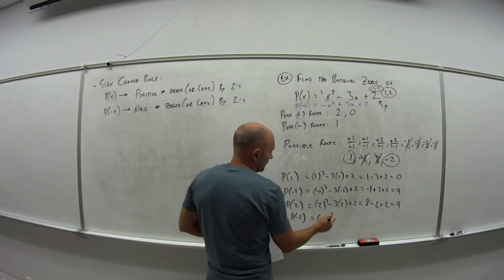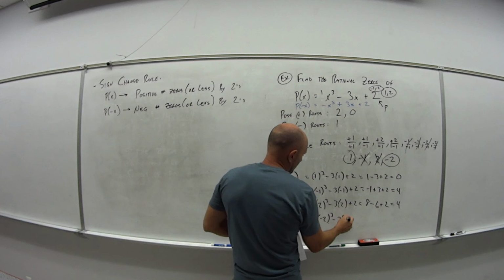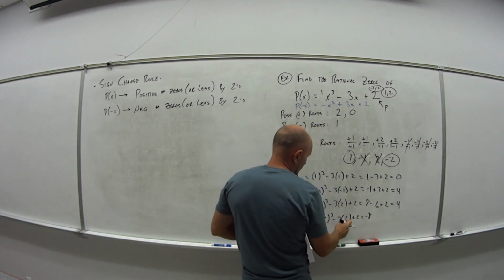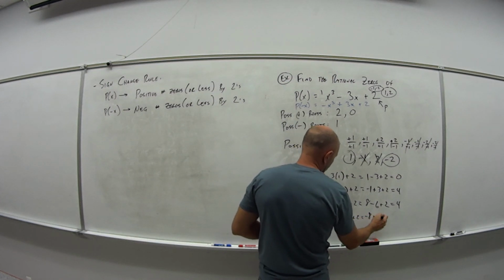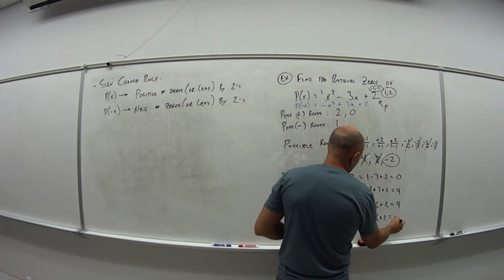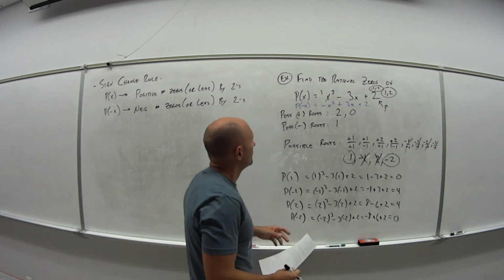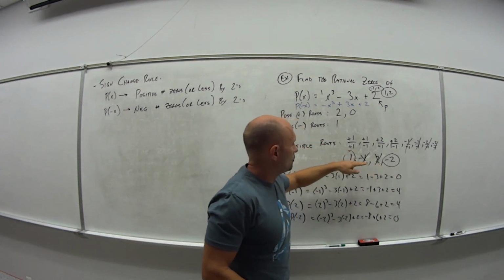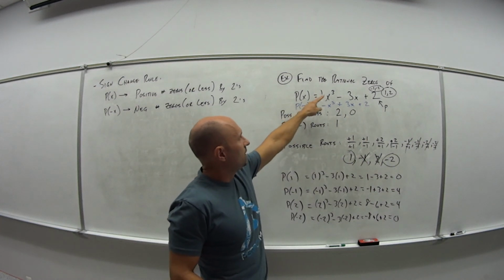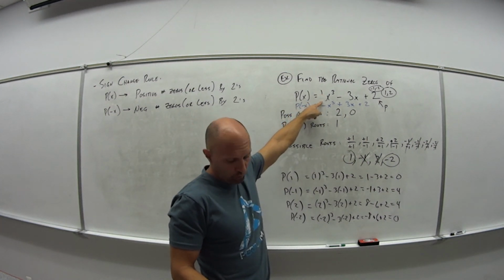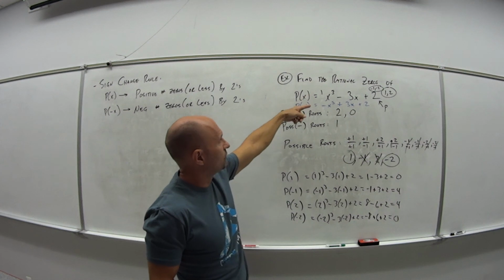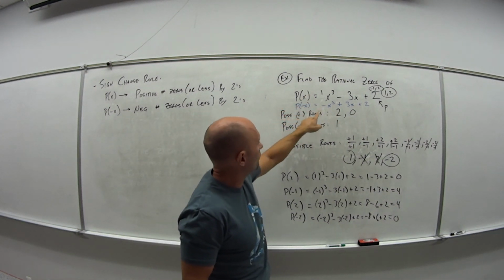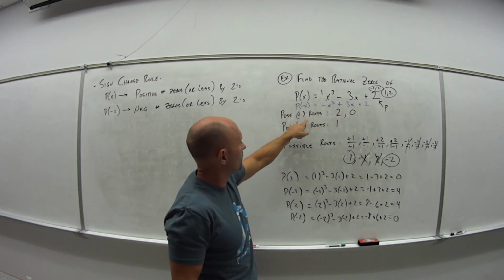We get negative 2 to the third minus 3 times negative 2 plus 2. That's negative 8 plus 6 plus 2. 8 minus 8 is 0. So that's good. So our roots are negative 2 and 1. But we knew we needed 3 roots because we had a degree 3 polynomial, and we knew we needed 2 positive or 0 positive.